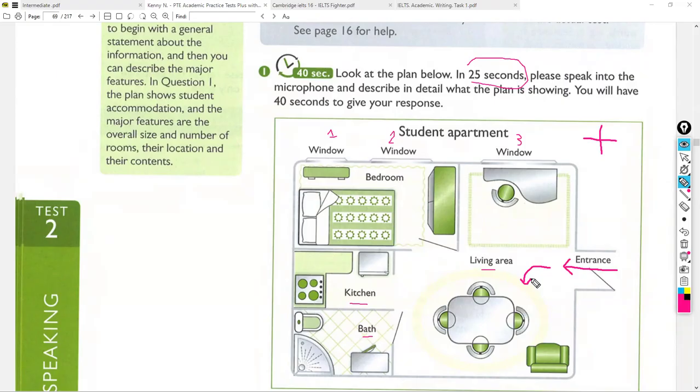As well, we have the couch, and on the right hand, you can see the windows for the living room. After that, you can go in and you can see on the left side as well, the bedroom. This bedroom is for two persons.